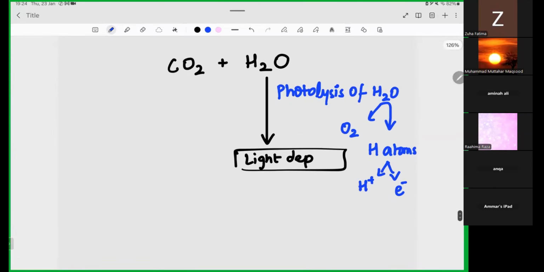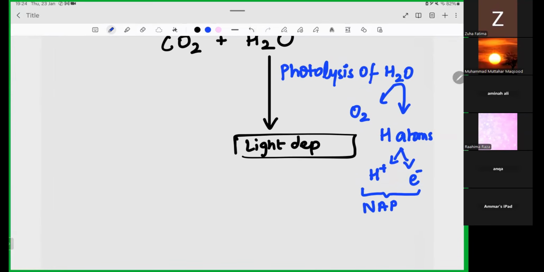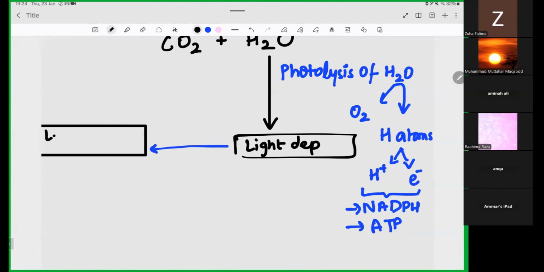And these protons and electrons are essential to produce reduced NADP and to produce ATP. So when we enter the light independent stage, we would require NADPH, or you can say reduced NADP and ATP.